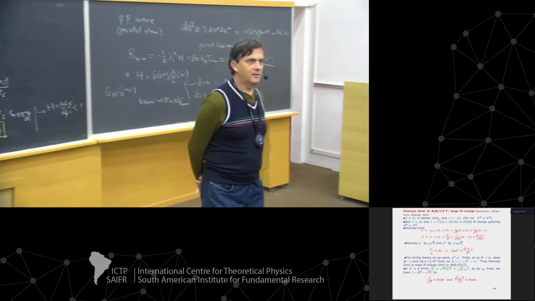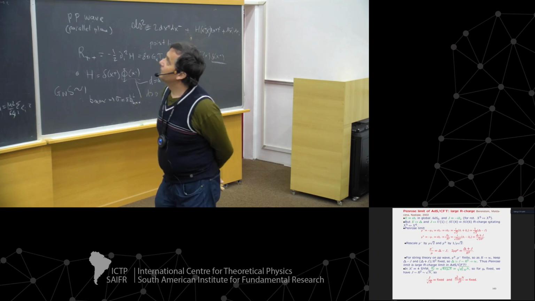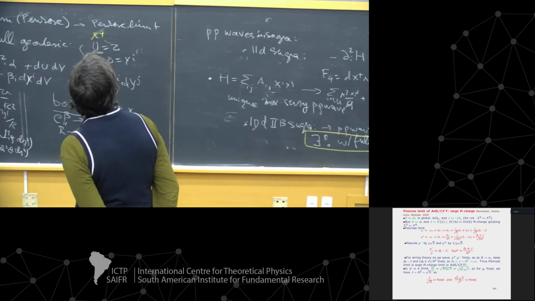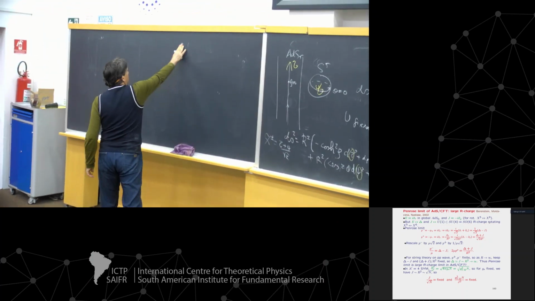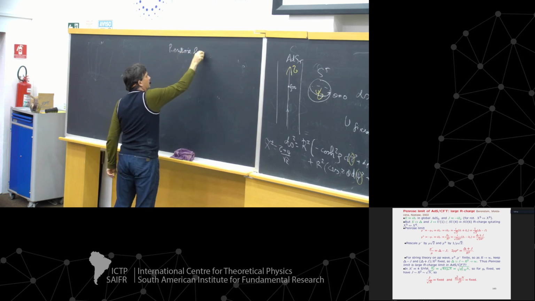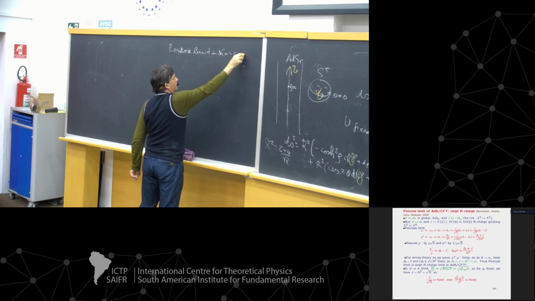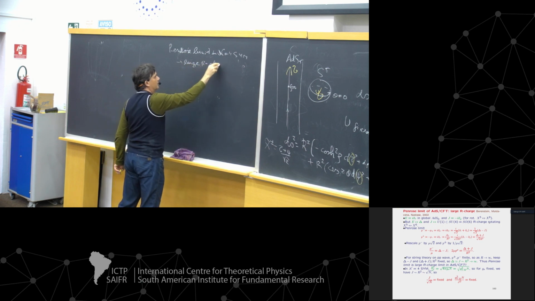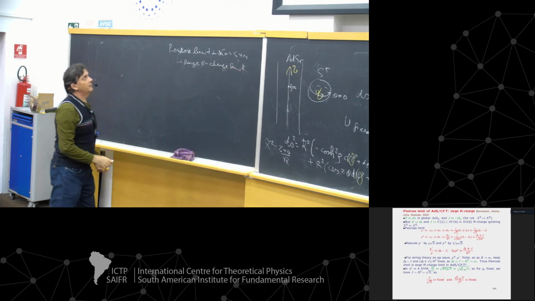So what's the Penrose limit of the field theory, so to speak? And this is what we found in 2002. We found that the Penrose limit in N=4 super Yang-Mills is a large R charge limit. So we can derive this, actually.